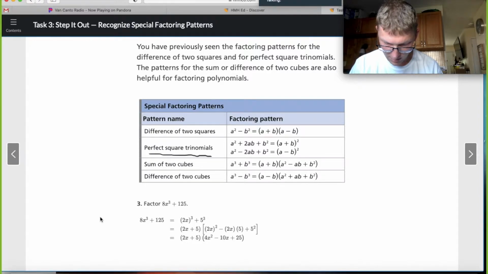Perfect square trinomials: a squared plus 2ab plus b squared is going to equal a plus b squared. And then you have that minus sign. You can do a minus b quantity squared.